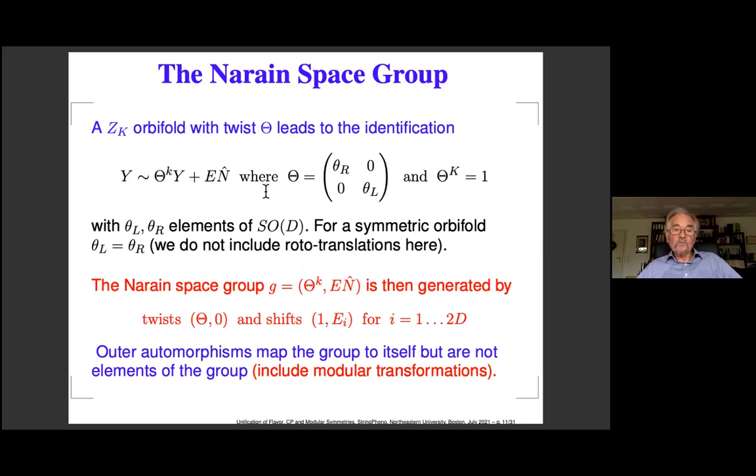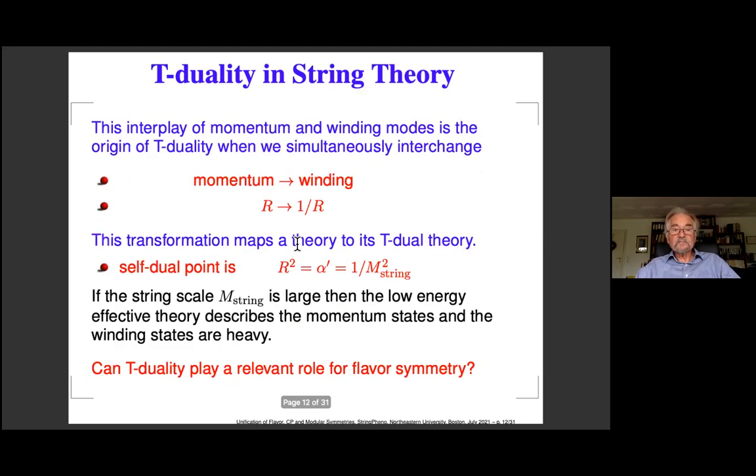And the outer automorphisms of that group map the group to itself, but they are not elements of the group. Of course, they also include modular transformations, because we have Kaluza-Klein quantum numbers as well as winding quantum numbers. And so we'll get modular symmetries appearing.